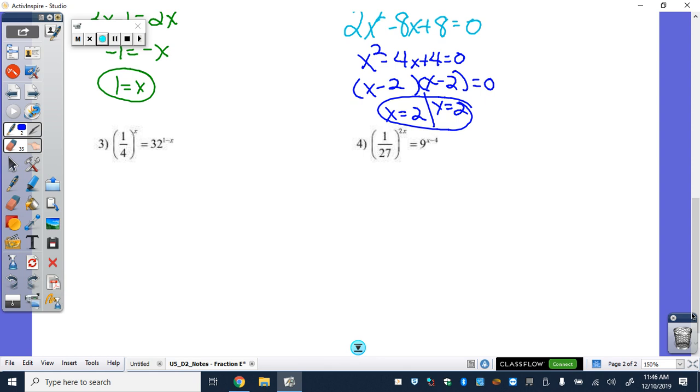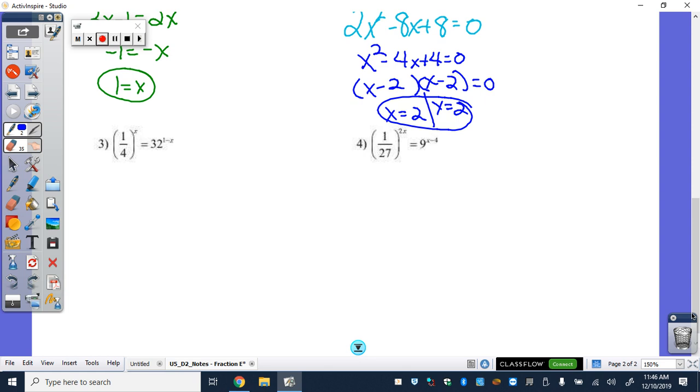So our third example there, we have a 4 and a 32. Can I write 4 to some exponent to give me a 32? No, that's not going to happen. So I could use a base of 2 though, because 2 to what power is 4? 2 to the second. 2 to what power is 32? 2 times 2 is 4, times 2 is 8, times 2 is 16, times 2 is 32, so to the 5th power.